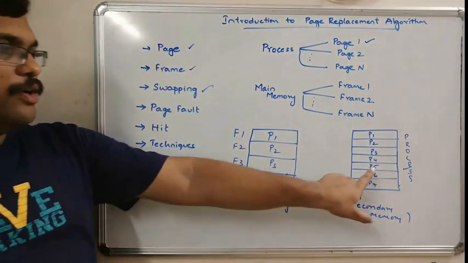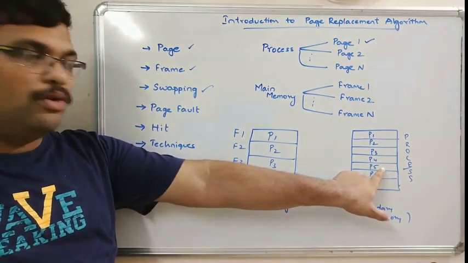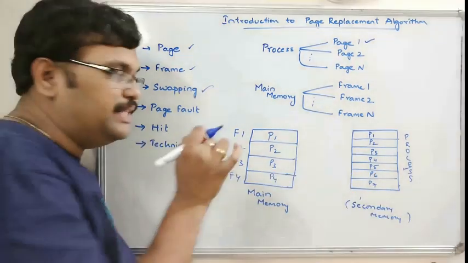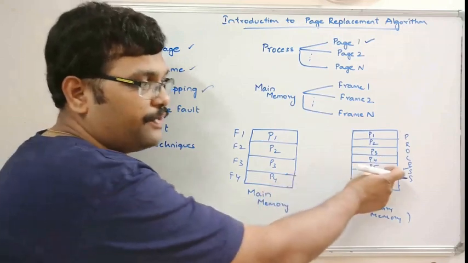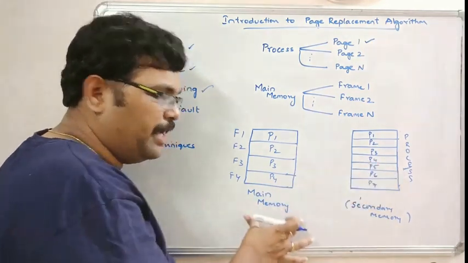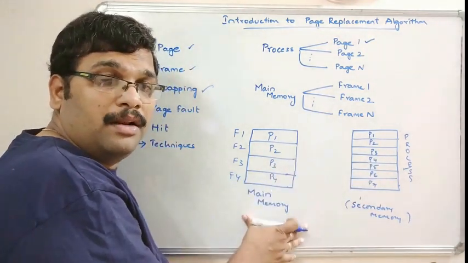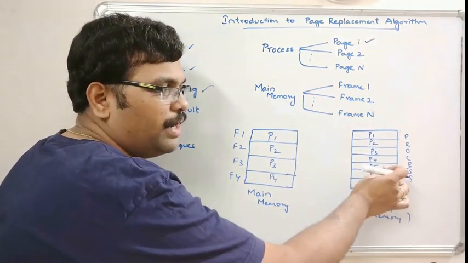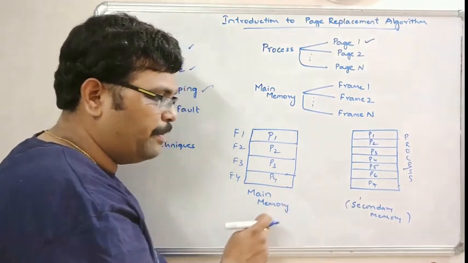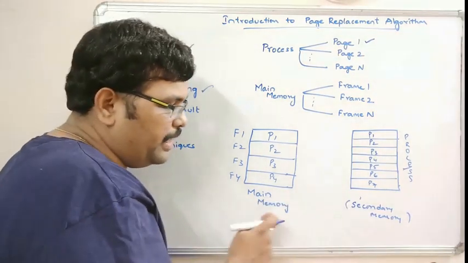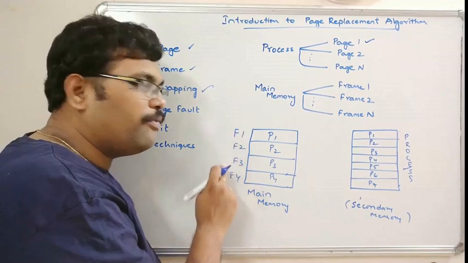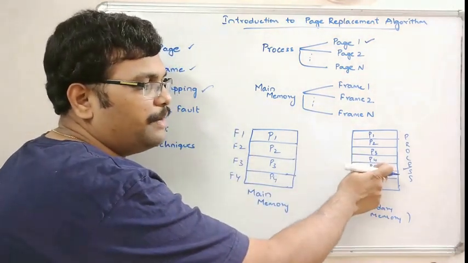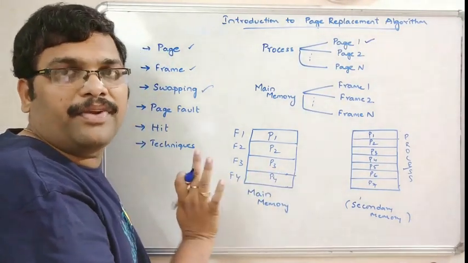First the processor will check the main memory for this required page. If it is not available, then it will load the required page from the secondary memory to main memory. Before loading, it will check for the availability of frames in the main memory. If one is available, the required page will be loaded directly into the available frame.